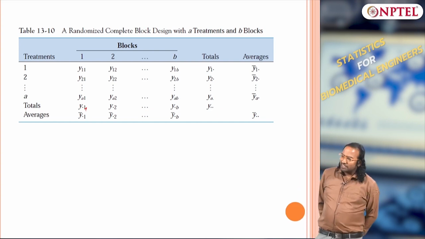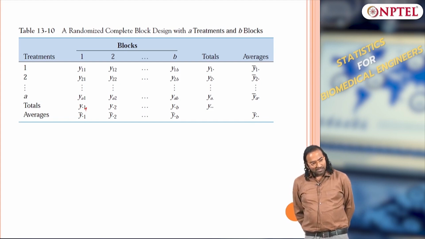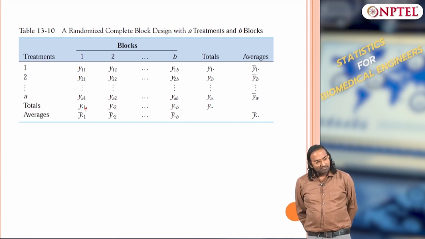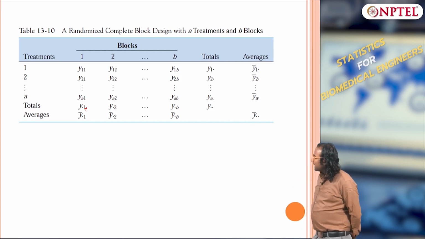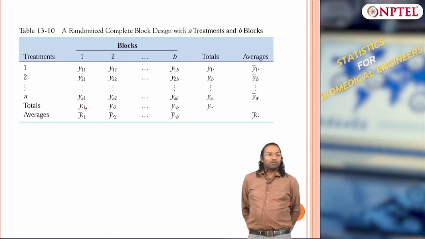So what is my F test? What is my F test in ANOVA? Mean square treatment by mean squared error. Now if I do not do blocking, mean squared error will be composed of what?